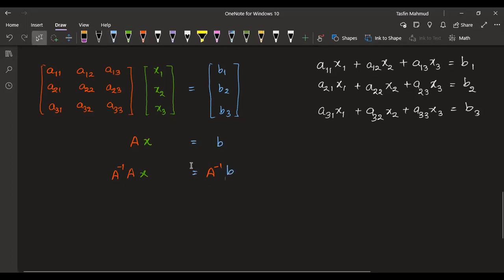So we are multiplying A inverse on both sides of the equation, and from there we know A inverse A becomes one, or the identity matrix, right? If we take any matrix and take its inversion and multiply them, we get the identity matrix. For any matrix, A inverse A gives the identity matrix, right? Identity matrix looks like this, if you can recall.